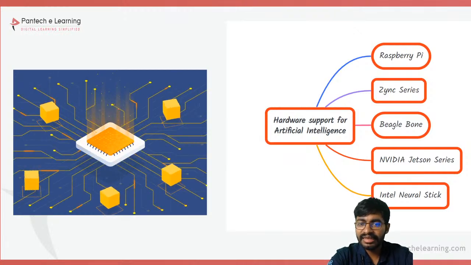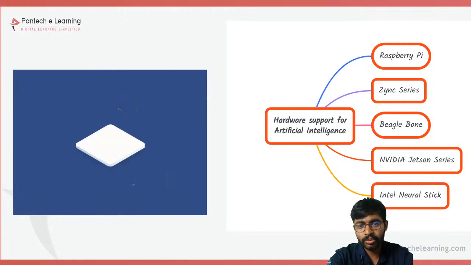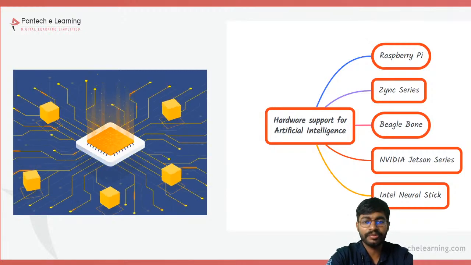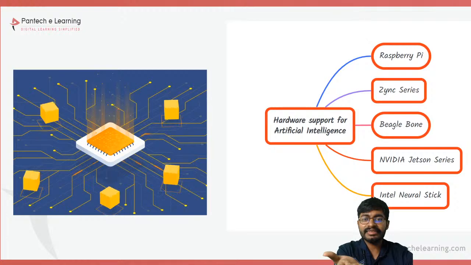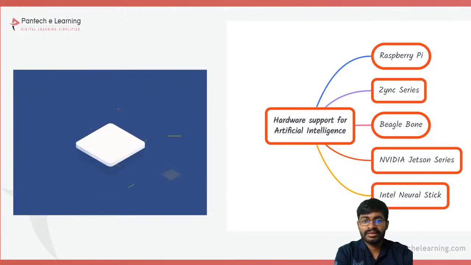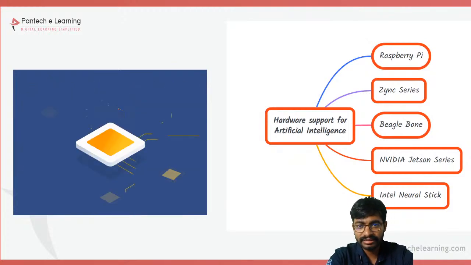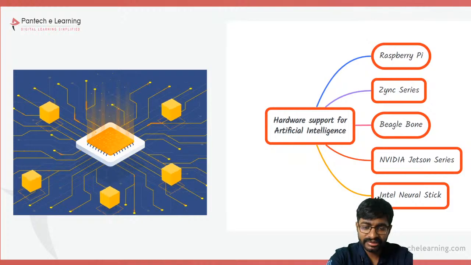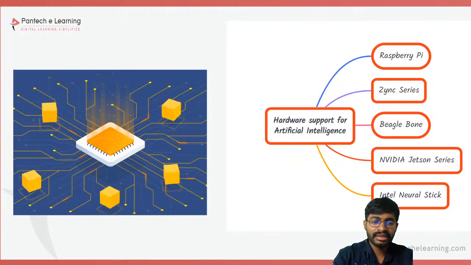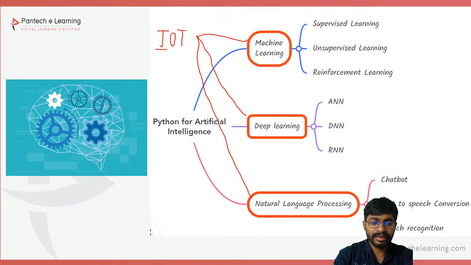If I say hey Siri, it will detect in my phone. If I say okay Google, it will detect in my other phone. But the base thing is that the hardware is there, and along with the hardware the AI is also working. So some hardware support is needed to execute this part.